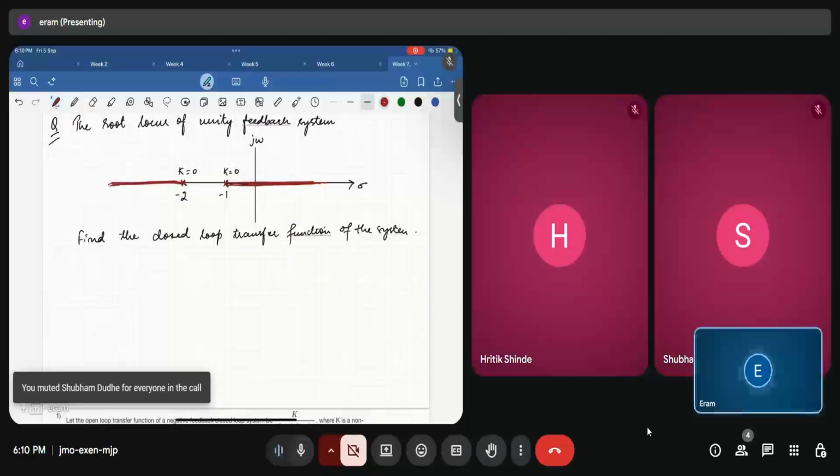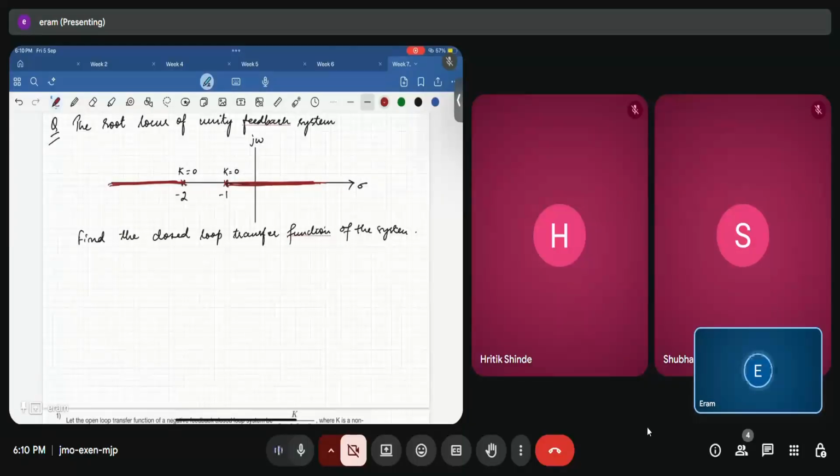Okay, what will be the closed loop transfer function of this system? In this problem, if you observe it carefully, you may observe that it doesn't satisfy the odd number of open loop poles and zeros criteria to the right, because if you pick this point which is beyond -1, you will see that on the right there are no open loop poles and zeros on the real axis, but still we have the root locus.